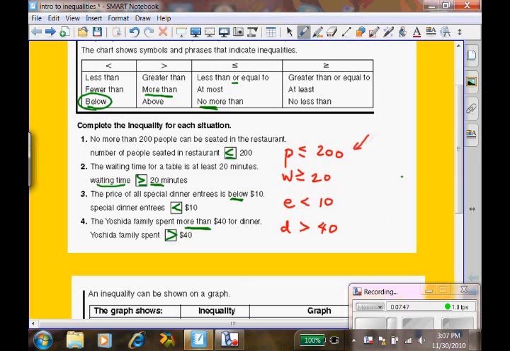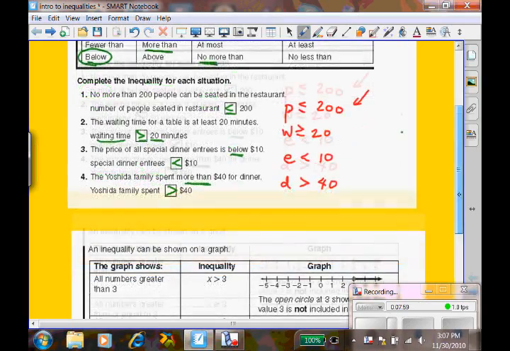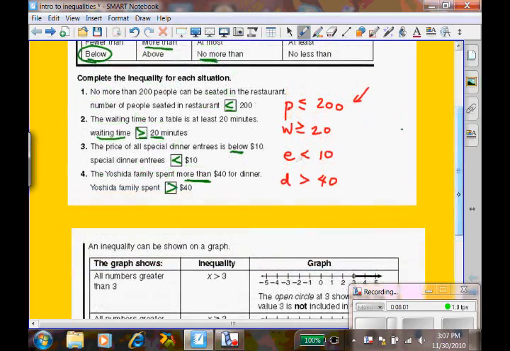So all of these are examples of algebraic inequalities, where you're comparing the variable, which stands for something, just like I did before, compared to a number. Now, the hard part with this, depending on the situation, is, let's take this one for example. If the dinner entrees are less than $10, there are so many possibilities for how much that dinner could cost that there are too many to list.